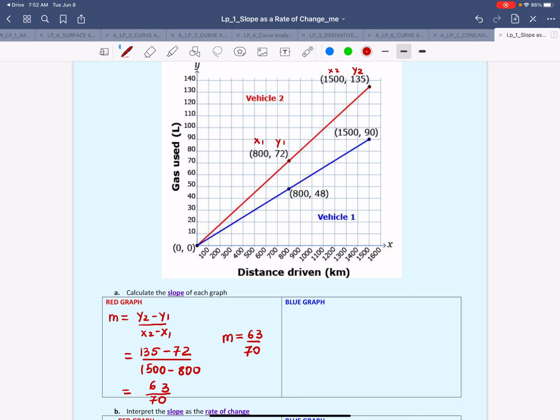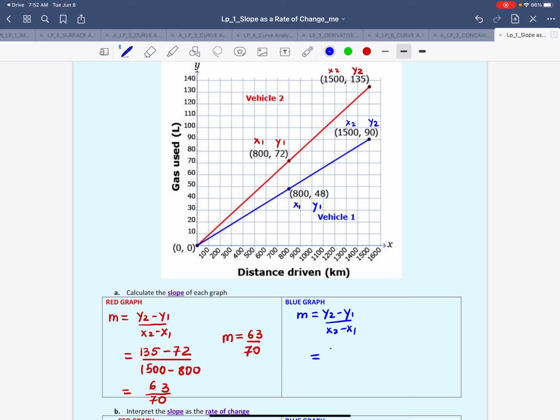Now let's take a look at the blue graph. And for the blue graph here, we have 2 points, which again will mark as x1, y1, and x2, y2. So slope would be equal to y2 minus y1 over x2 minus x1.